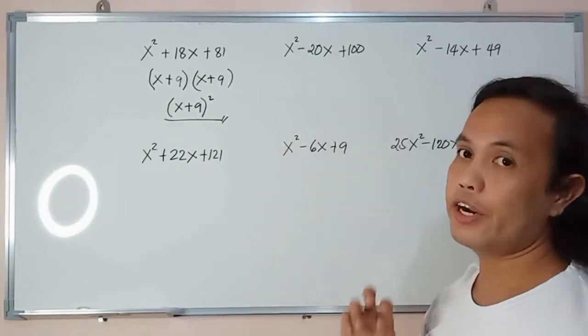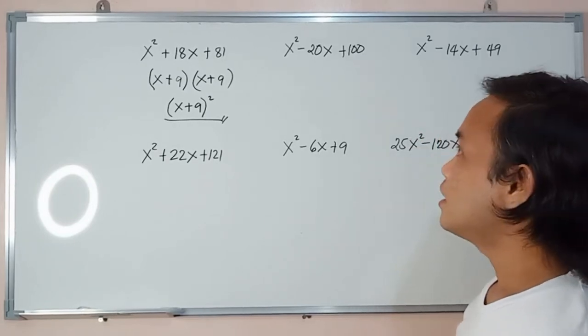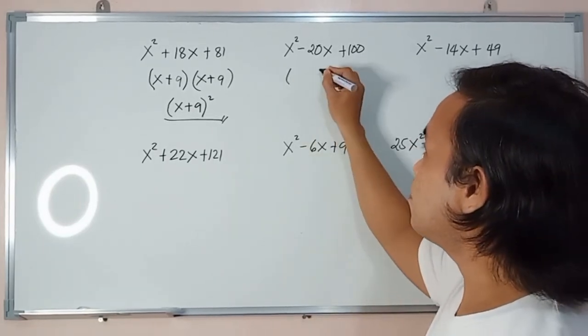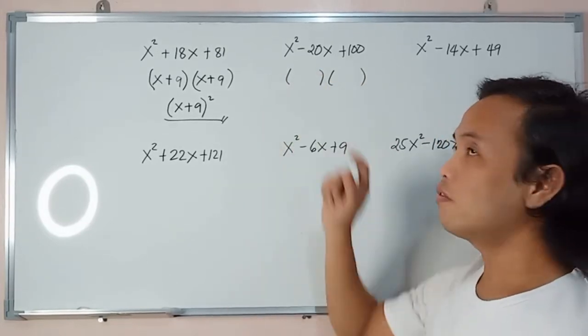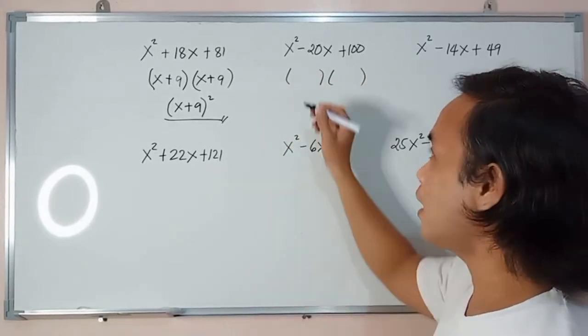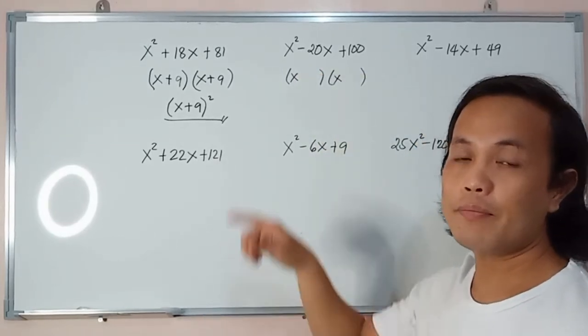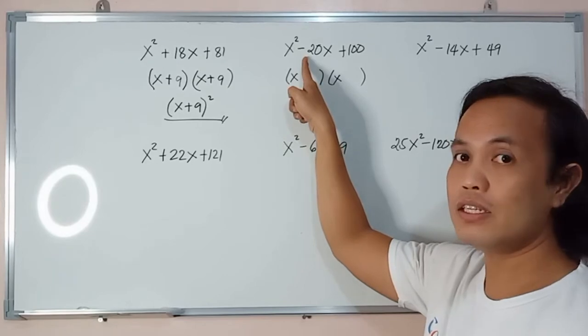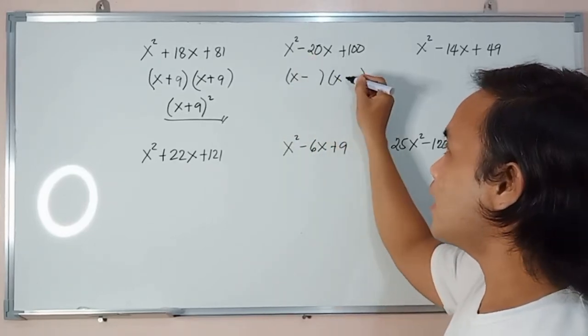We have x squared minus 20x plus 100. The same, we have parentheses, two binomials. The square root of x squared is x, so we write x times x. Then we copy the sign of the middle term. In this case, our middle term is negative, so we write negative and negative.